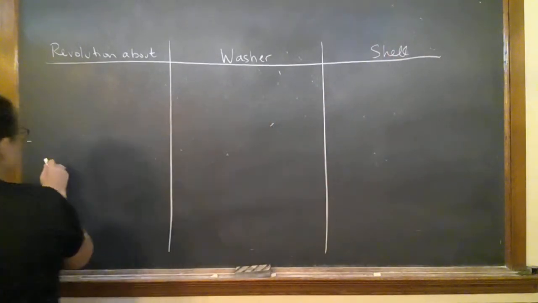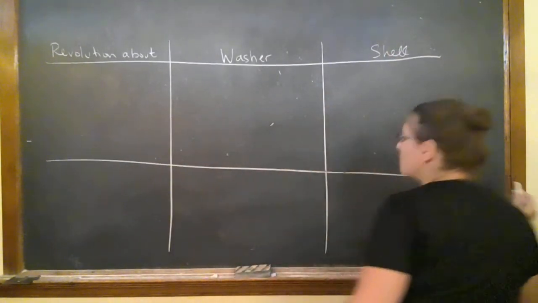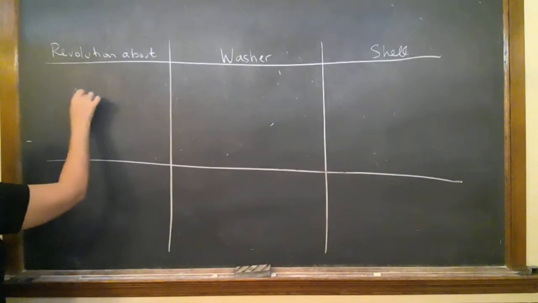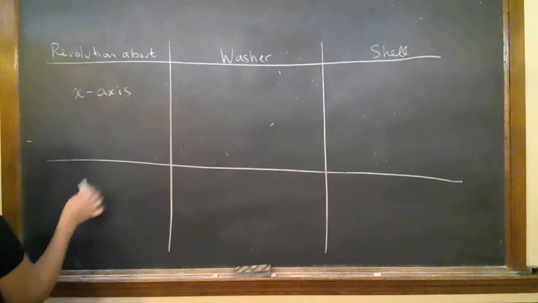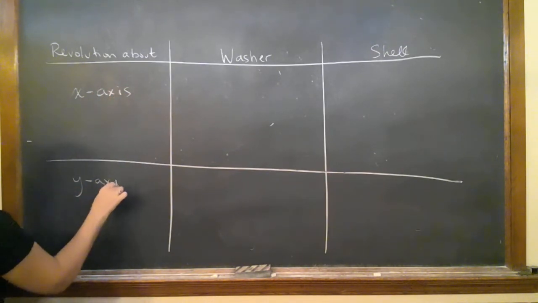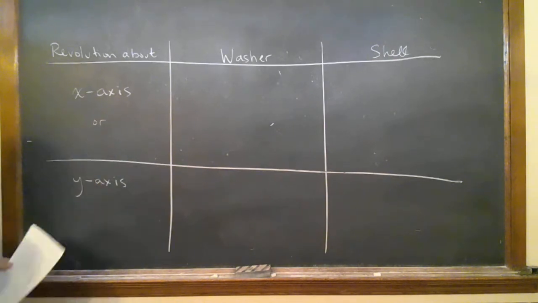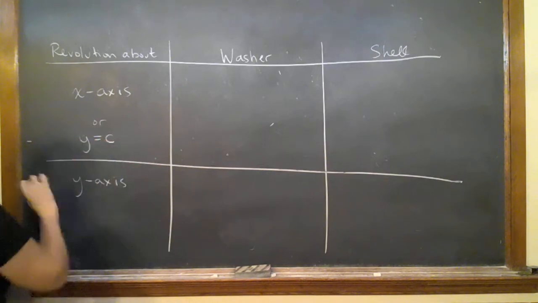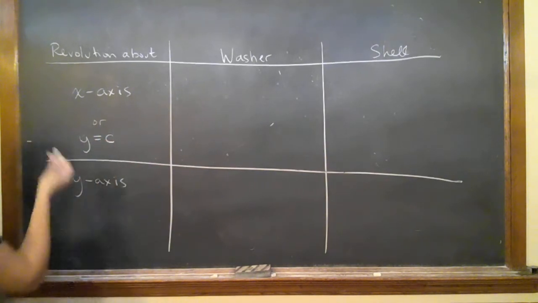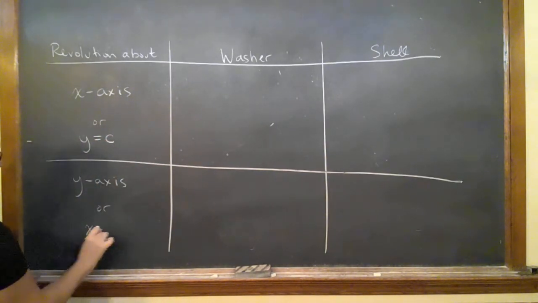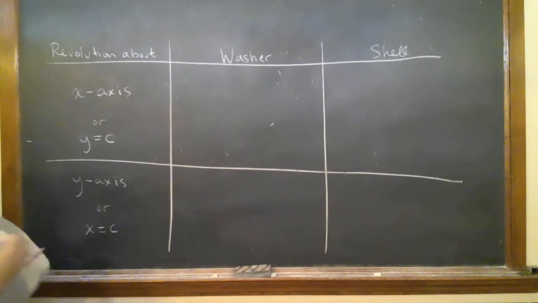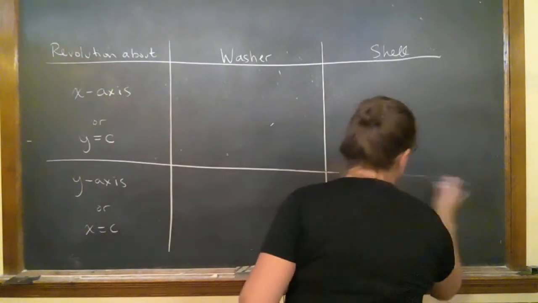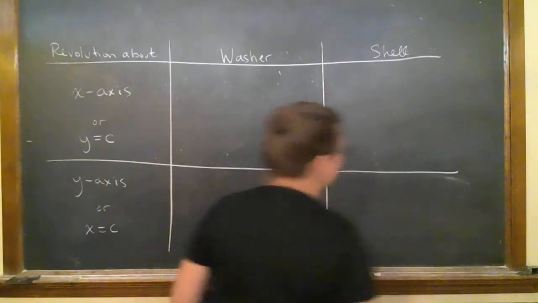So, if you remember, for the washer method, let's just do this. We have two options, right? We can go around the x-axis or the y-axis, or, say we have a horizontal line. A horizontal line would be a line y equals some constant. A vertical line is going to be x equals some constant. So if you're doing it one way or the other, that's fine.